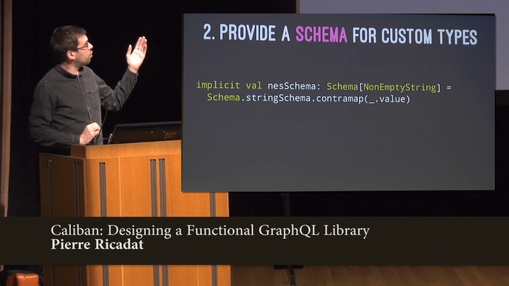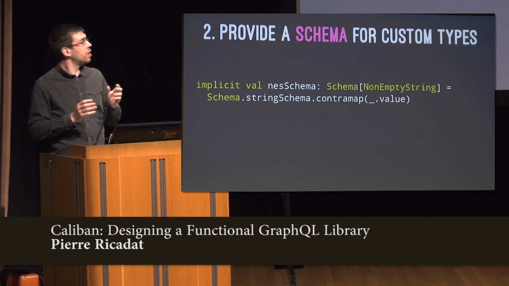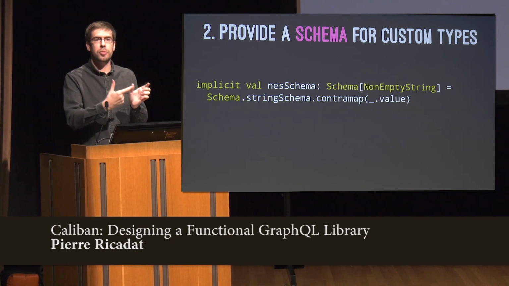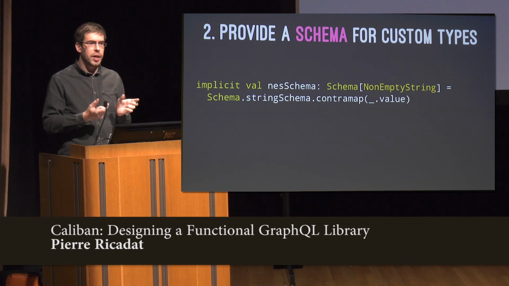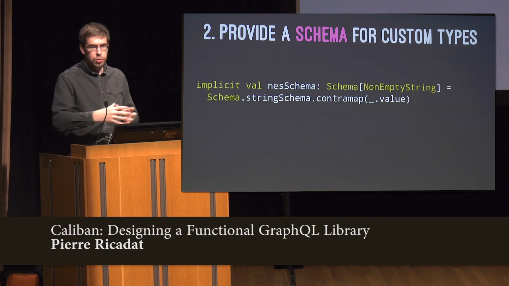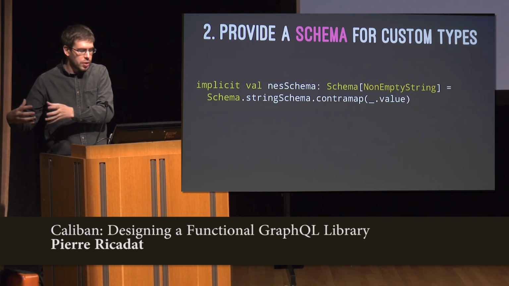I could have written the schema myself, but you can also reuse an existing schema if your type is similar to an existing type. You just need to provide a function from your type to the other type that you want to reuse.